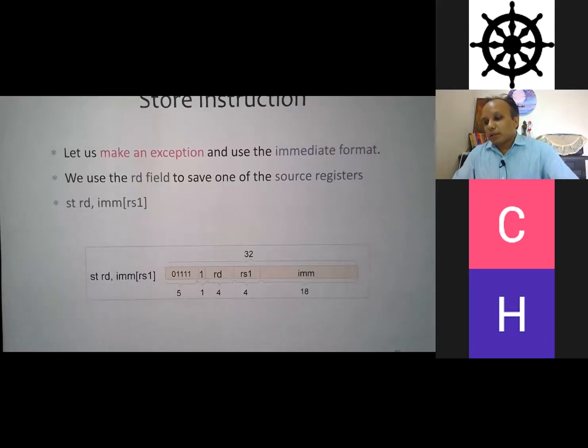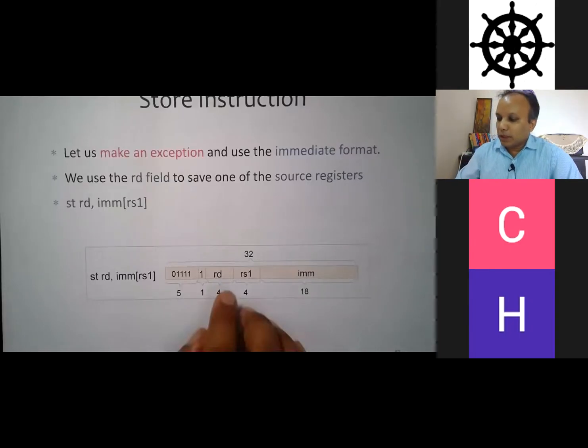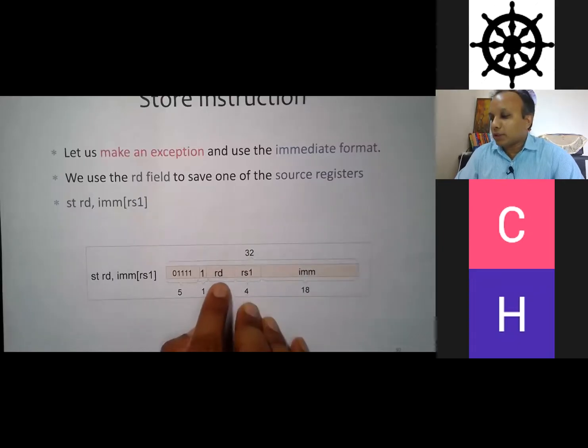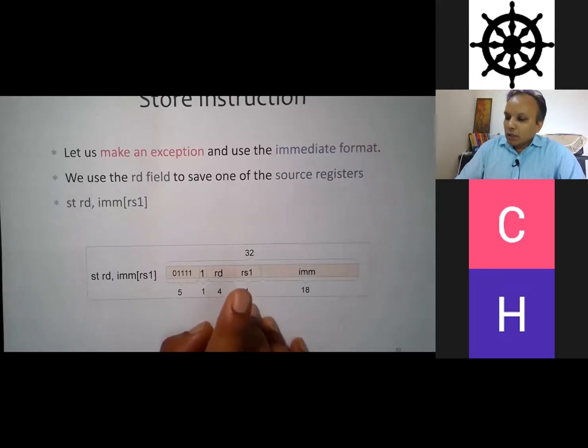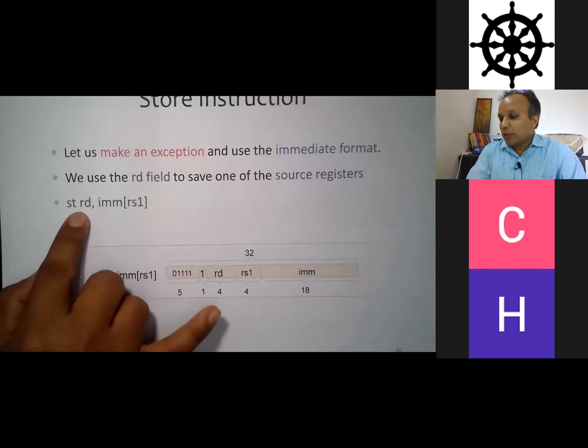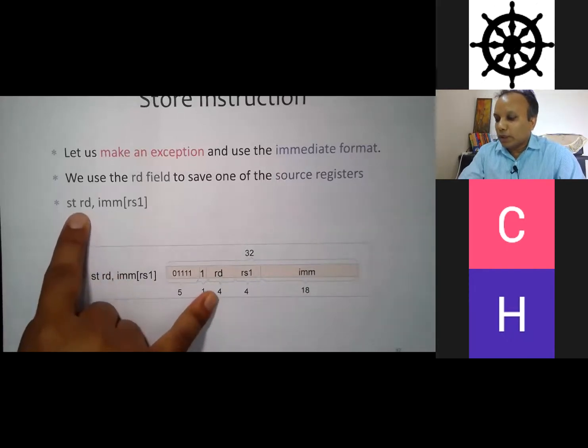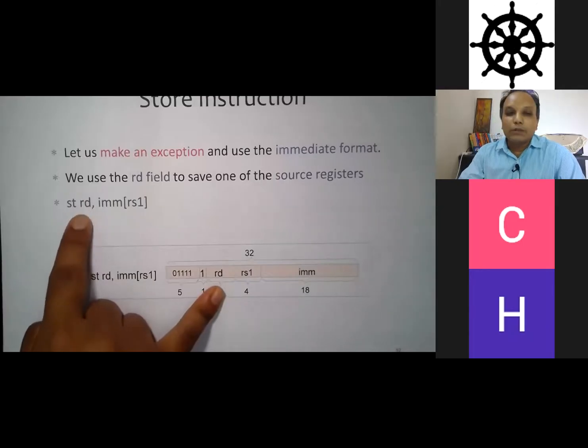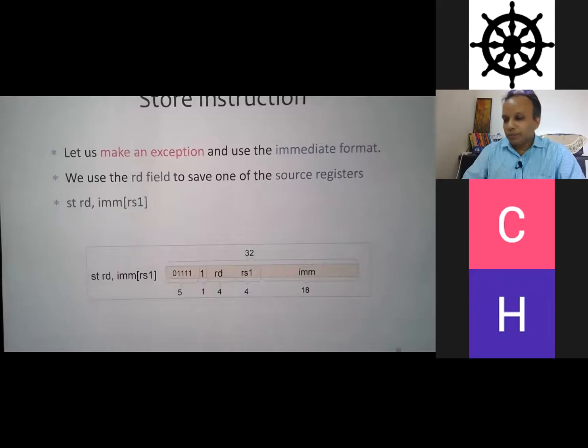So you have to break the protocol a bit. Though in this format this register is denoted as destination, it is not the destination, it is actually the source of the data which needs to be stored. So this is one exception in case of the store instruction.